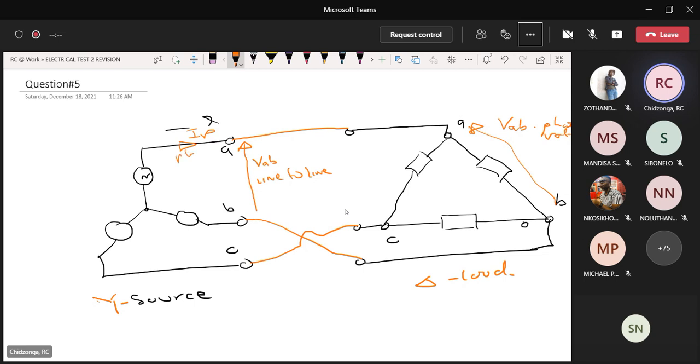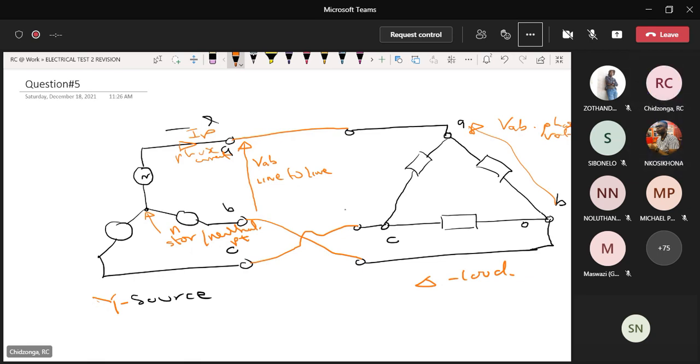So you write phase current on the source side. Show where the star or neutral point is, N. That's all. And you get your 10 marks like that.